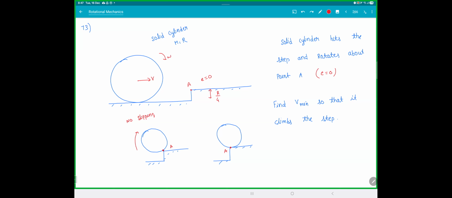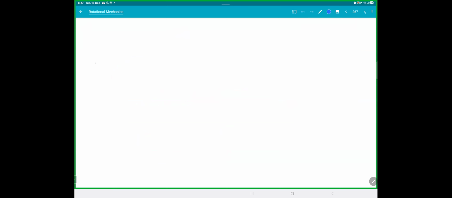Let's see the first part, okay? So when you're just hitting the step here, if you look at the forces acting on this, there will be a normal reaction, which is passing through the center. There will also be a friction, right? And this is point A. We have mg here.